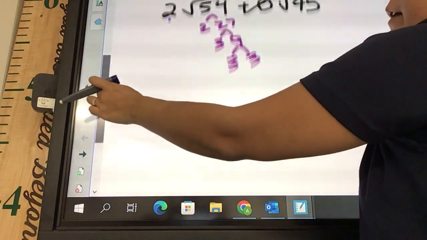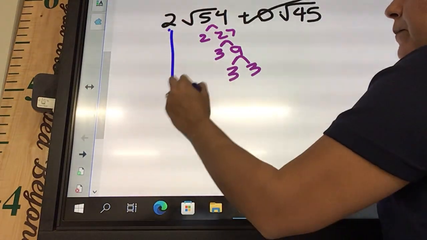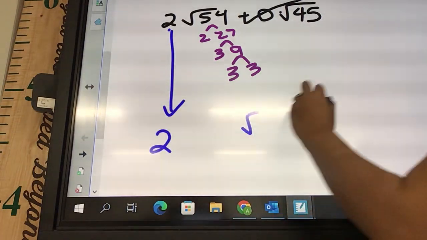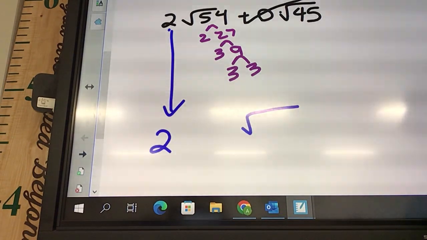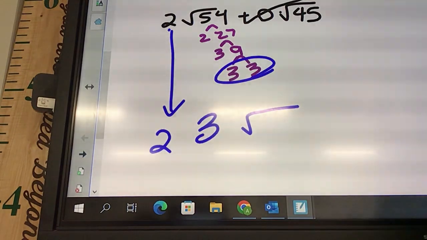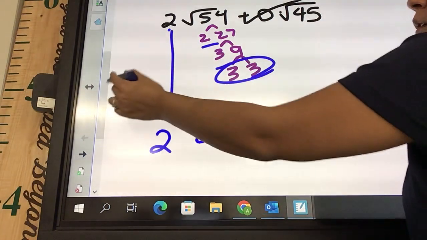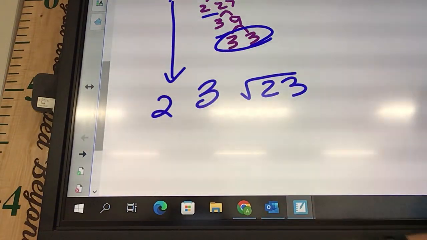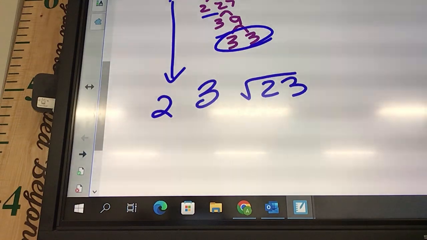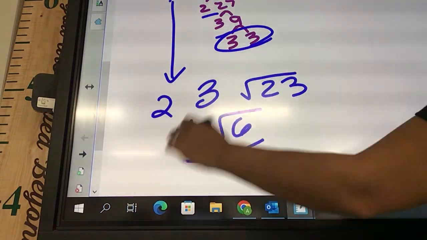We're going to drop him down. We're going to say 2. And then who can go? A group of 3s. Who cannot go? This 2 and this 3. What do we do with these? Multiply them. So 2 times 3, it's going to be 6 square root of 6.